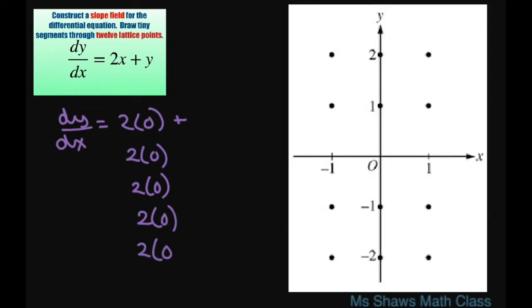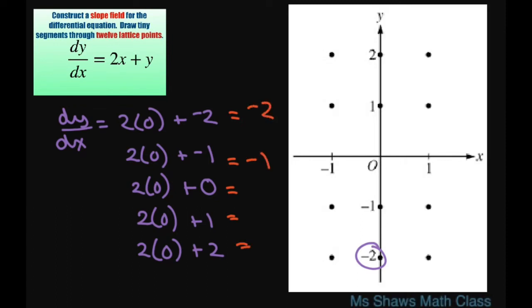It's a little tedious. So we'll have plus a negative 2, plus a negative 1, plus 0, plus 1, and plus 2. And basically, you're just going to get your y value because our x is 0. So it's just going to be negative 2, negative 1, 0, 1, and 2.